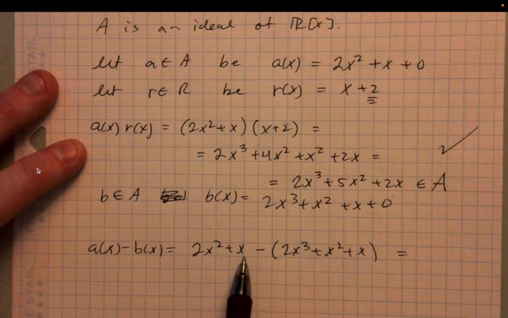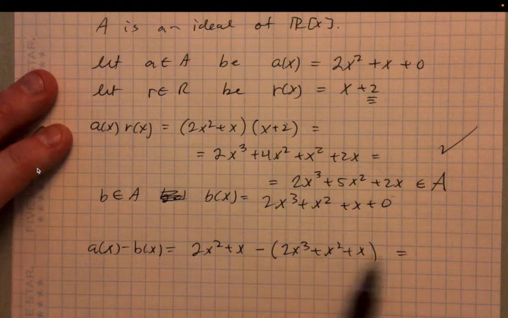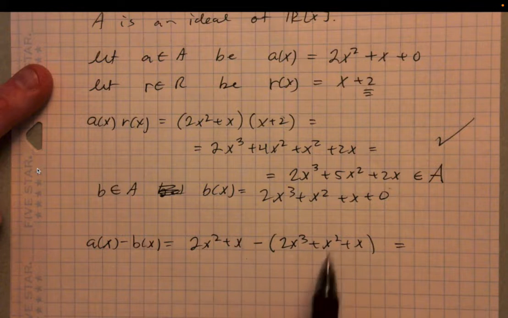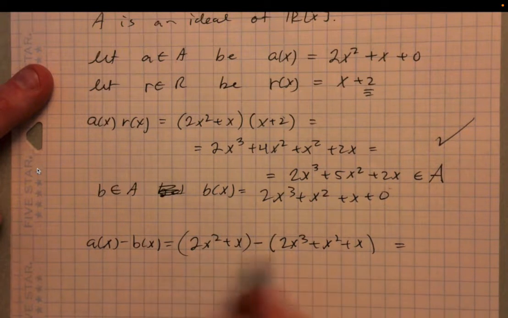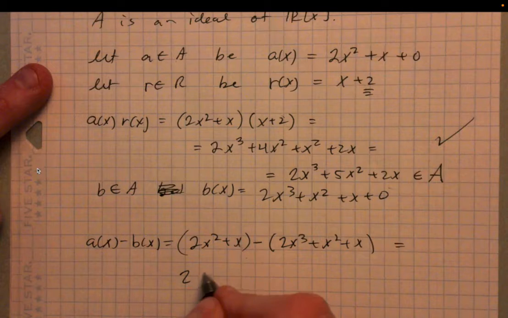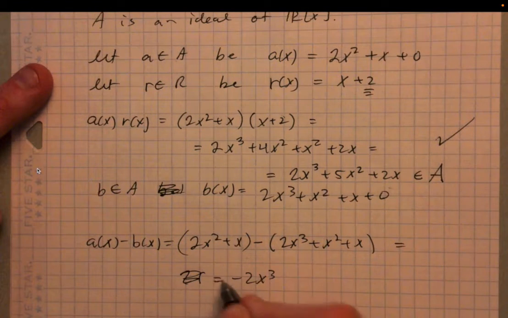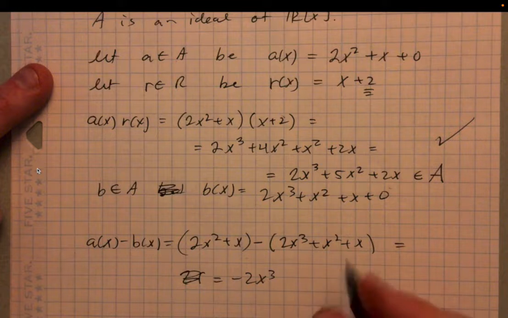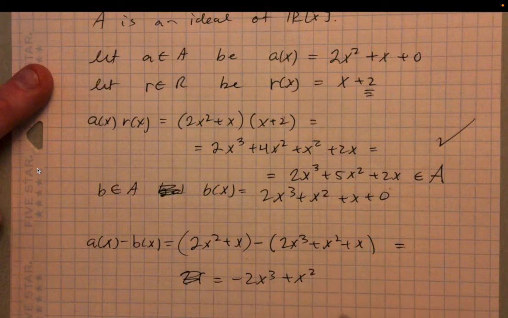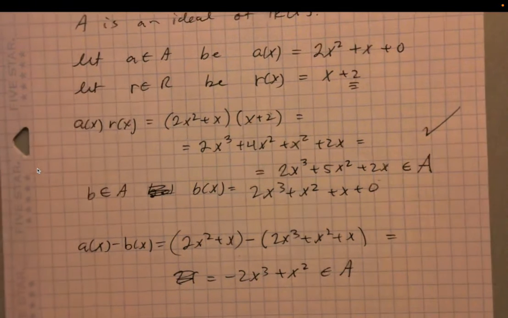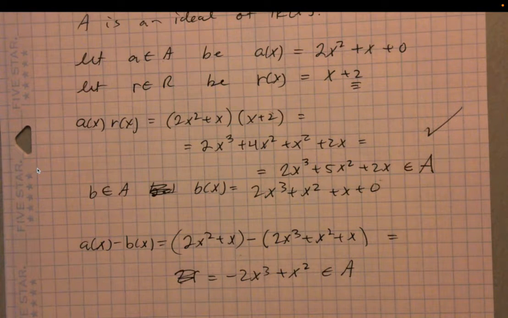There's no non-zero constant term in either of these polynomials, so there's not going to be one in the difference either. So I get 2x minus 2x cubed plus x squared, and everything else goes away. That's an element of A, so it's closed under subtraction. And you can see how this is going to be true in general for A and R so defined.